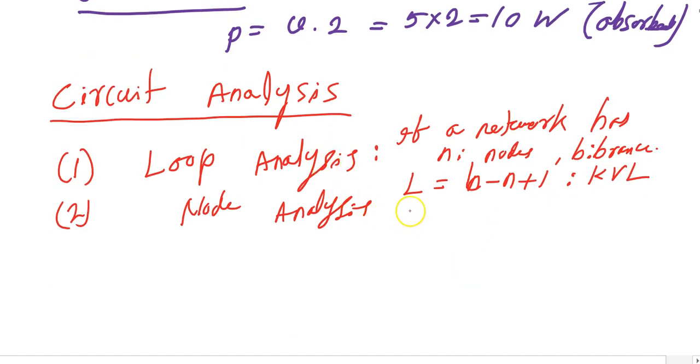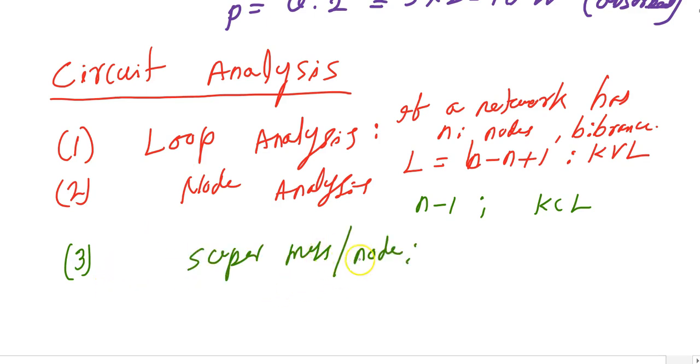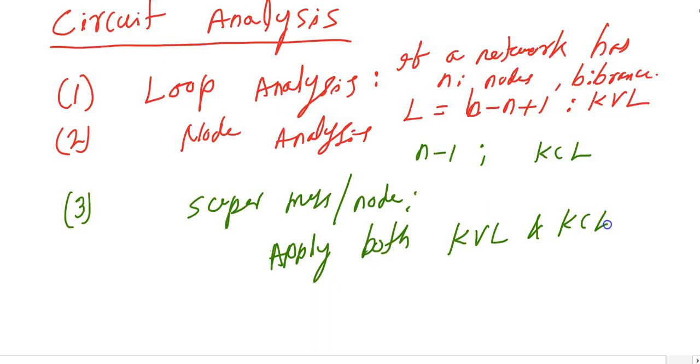For node analysis, the number of independent equations to be solved is n minus 1. Application of KCL. We'll see another type of network, which I put in category 3: super mesh or super node. Here we will apply both KVL and KCL.